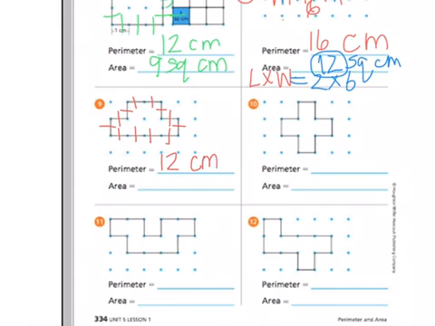Area is length times width. But as you can see, we don't have a perfect square here. So what I'm going to do is I'm going to make this into 3 different squares. So we have a 1 by 1, and 1 times 1 is 1. And then this square right here is a 2 by 2, or 2 times 2.